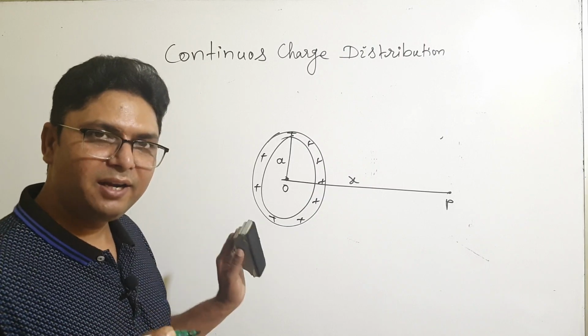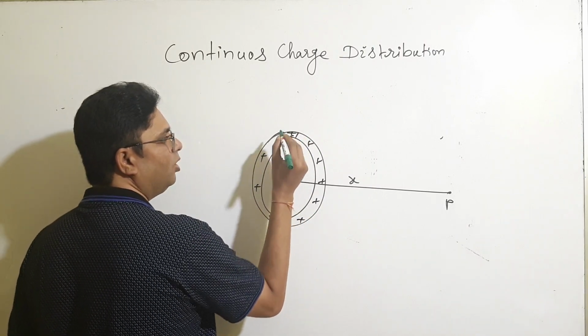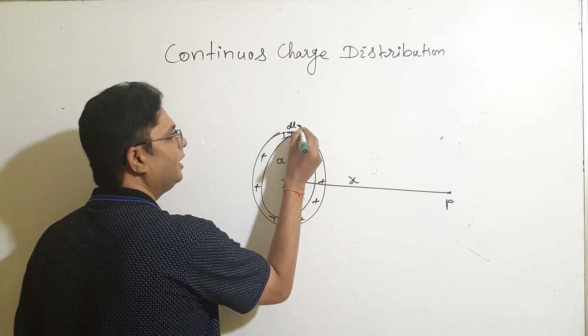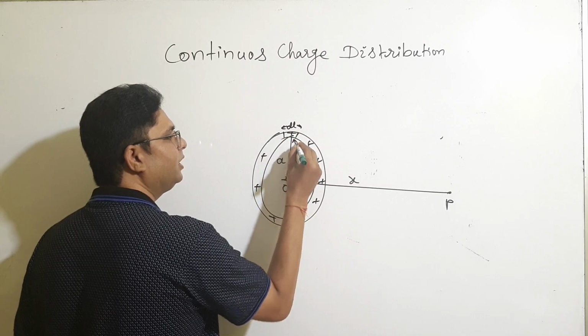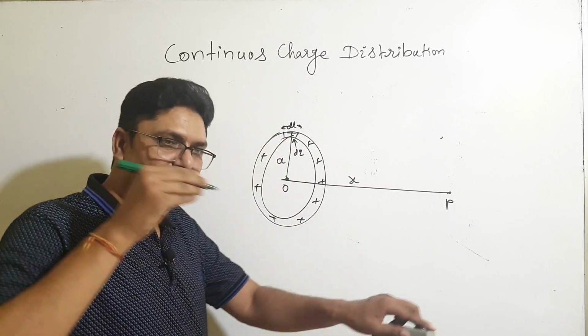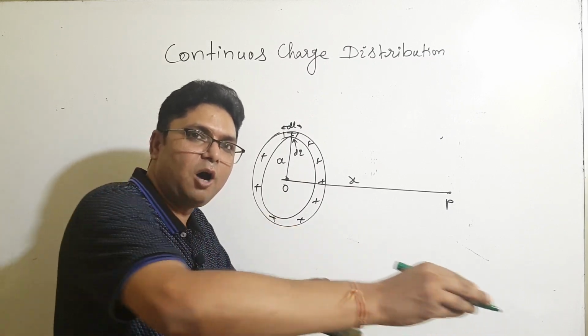To find the electric field, we just take here a small length dl, having charge dq. So this small charge dq produces an electric field, and since it is positive, the electric field moves outward.